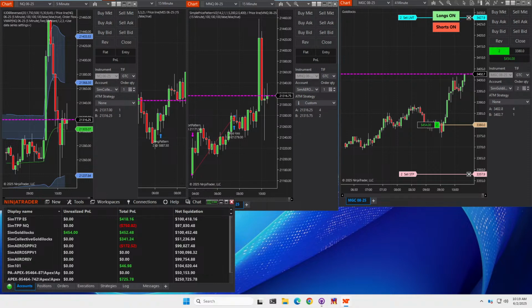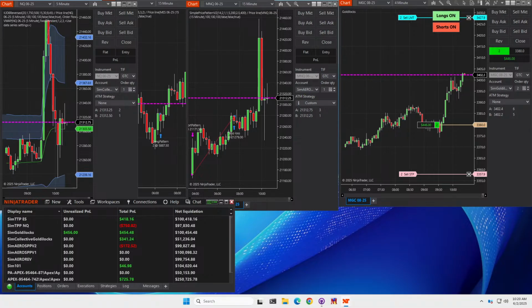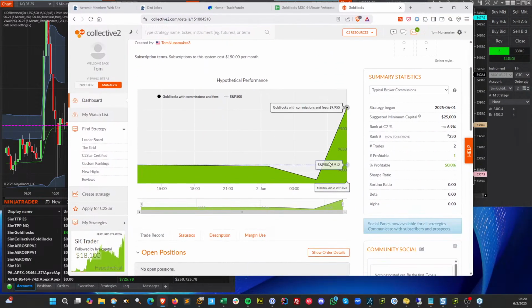I do have a Collective 2 page that I started. It's kind of an experiment. I have a page there for Goldilocks. So again, I just started this. It just took its first trade.